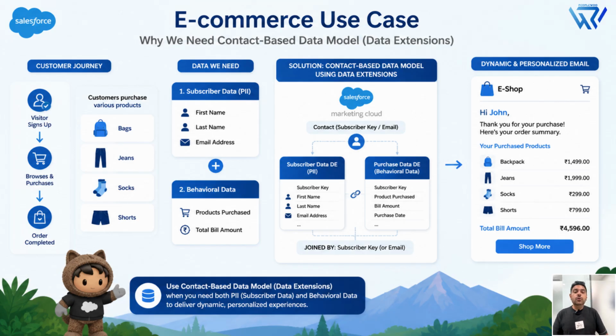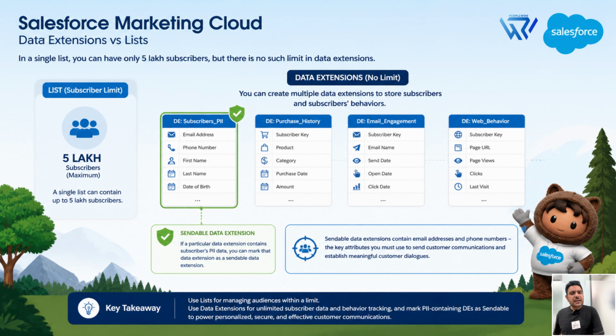When we have to design such a data model where we require both PI data of a subscriber and behavioral data, then we will go with data extensions, which are part of the contact-based data model. In a single list you can have only 5 lakh subscribers, but there is no such limit in data extensions.